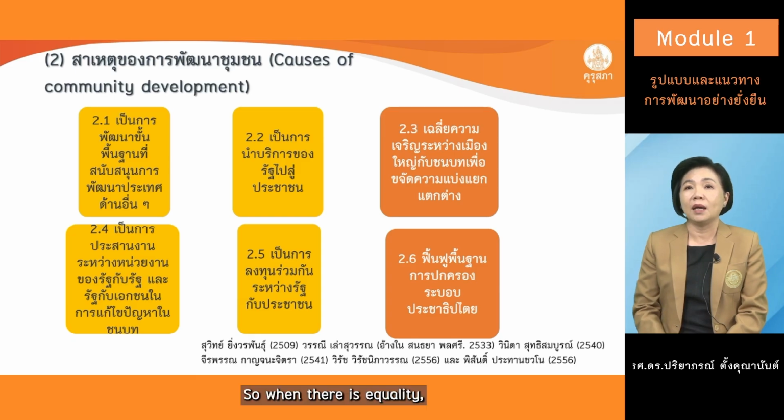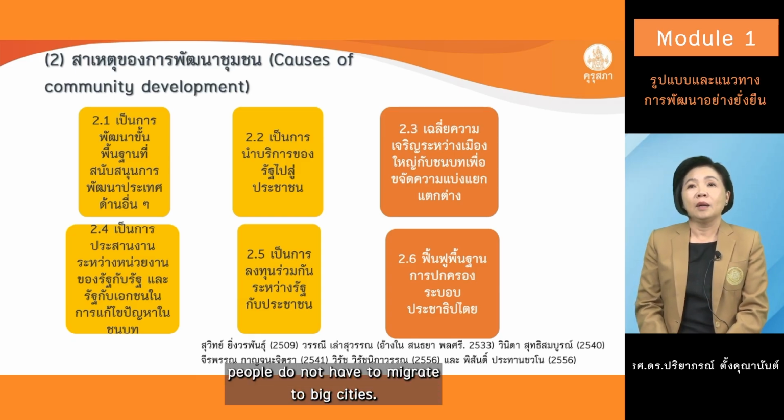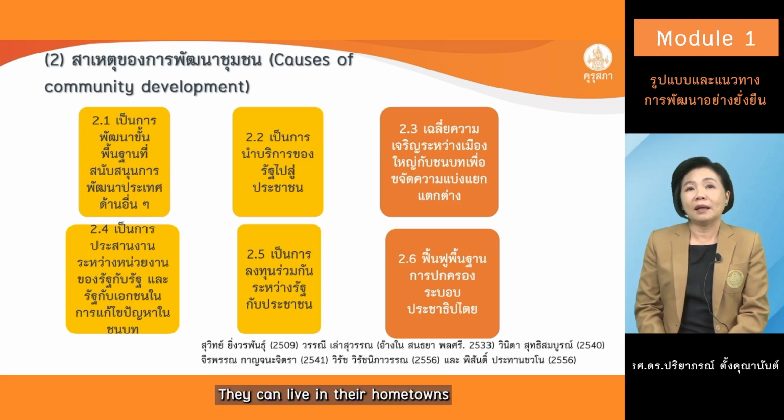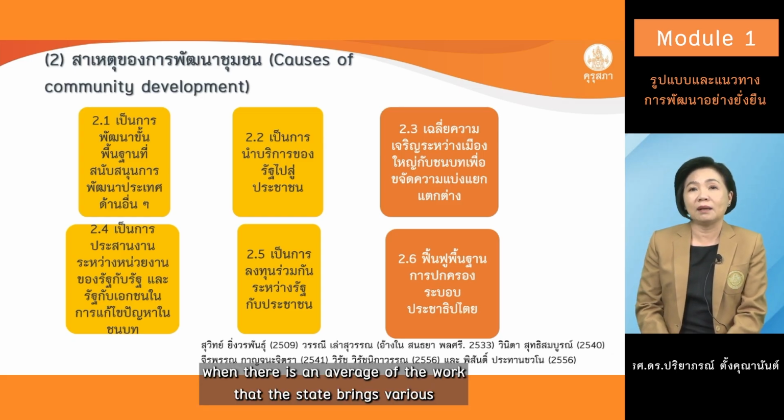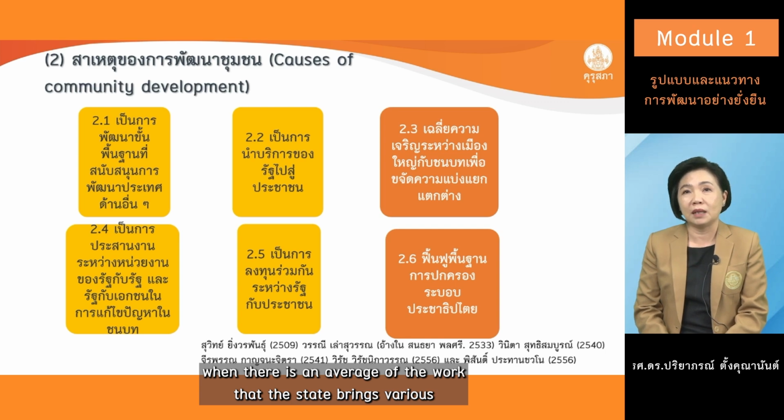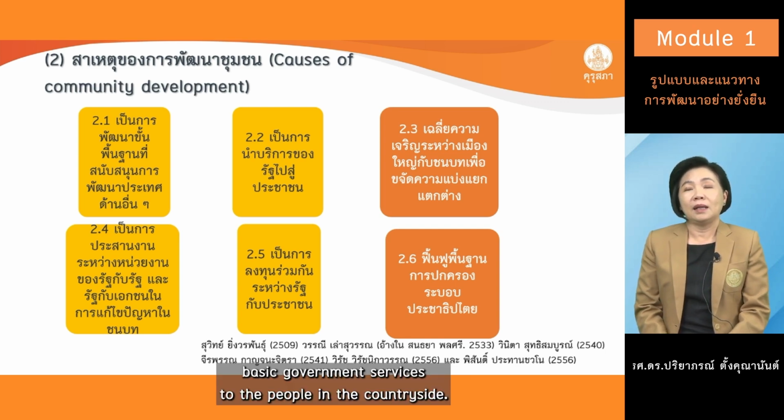So when there is equality, people do not have to migrate to big cities. They can live in their hometowns when there is an average of the work that the state brings, various basic government services to the people in the countryside.